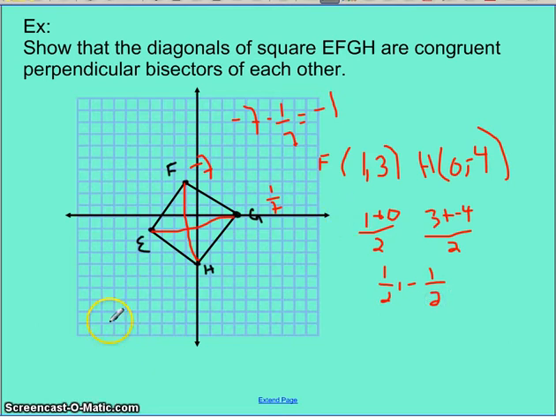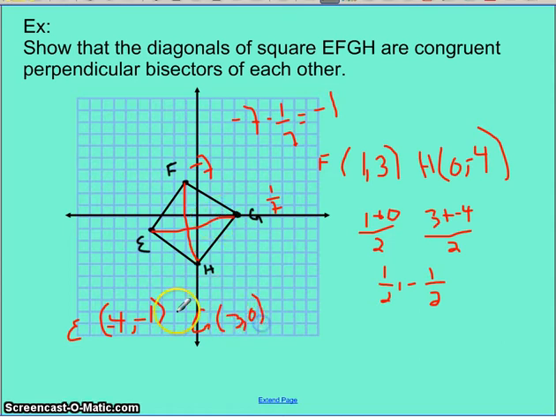And we want to do the exact same thing for E and G. So E's coordinates are 1, 2, 3, 4, so -4, -1. And G is going to have the coordinates of 3, 0.